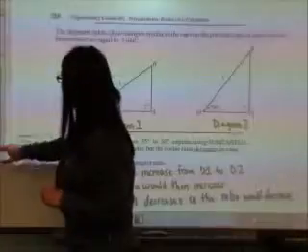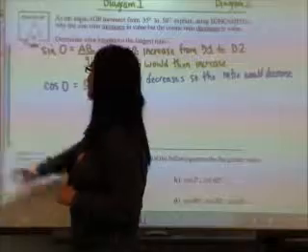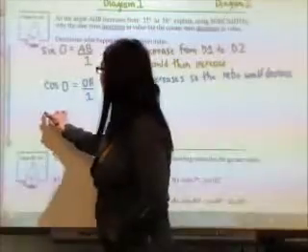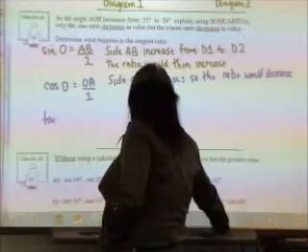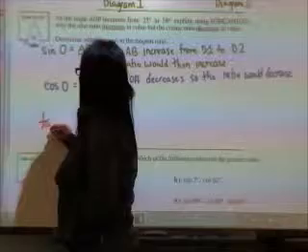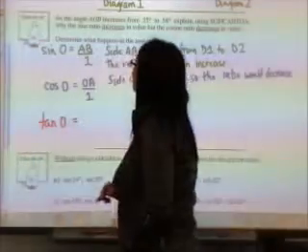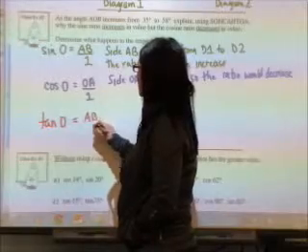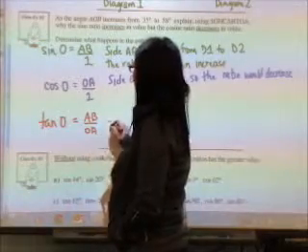So then, if I think about tan, what is tan? Tan of angle O is the opposite side, which is AB, over the adjacent side, which is OA.